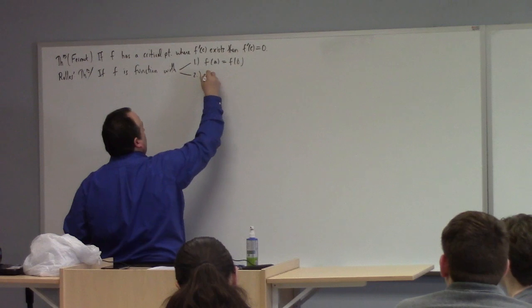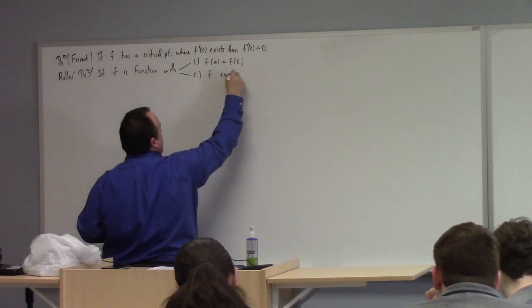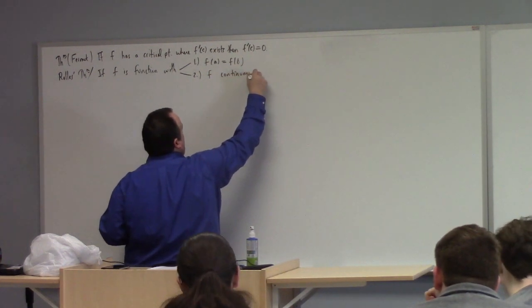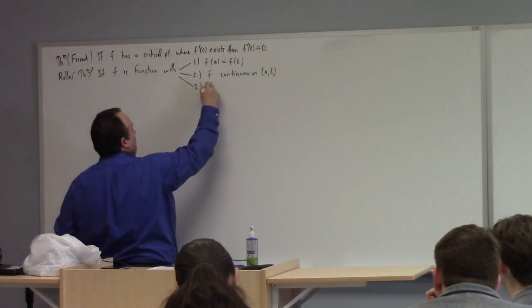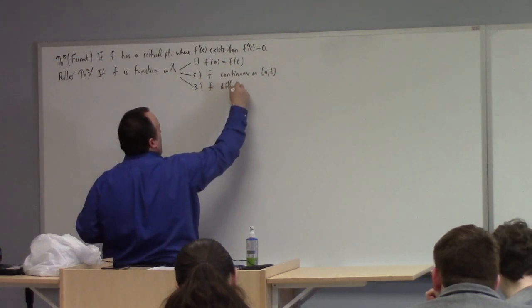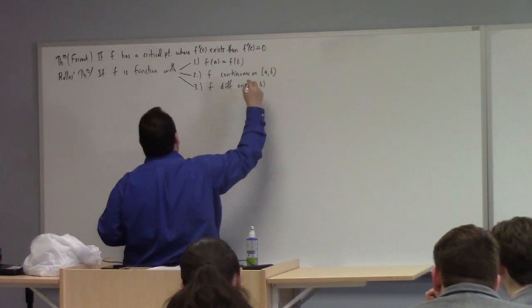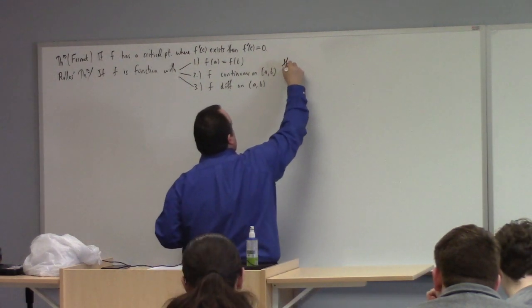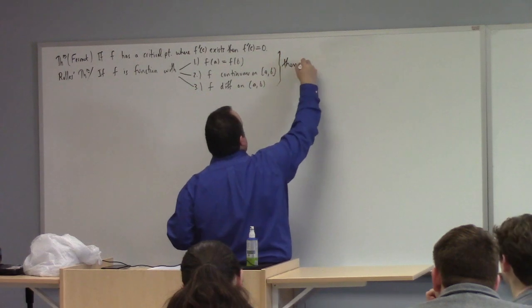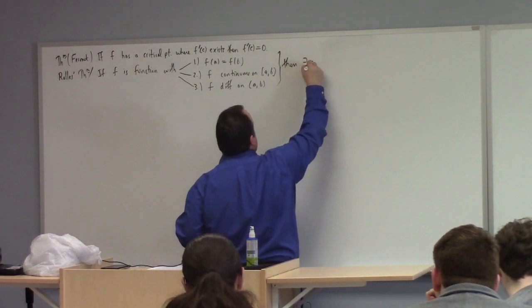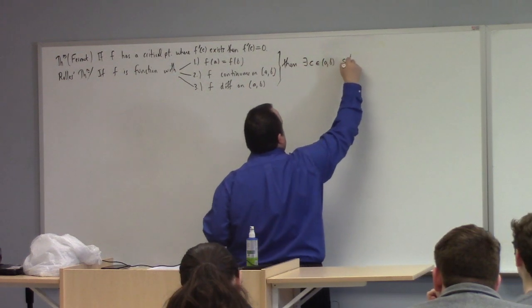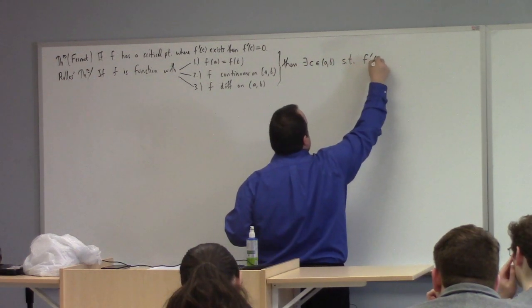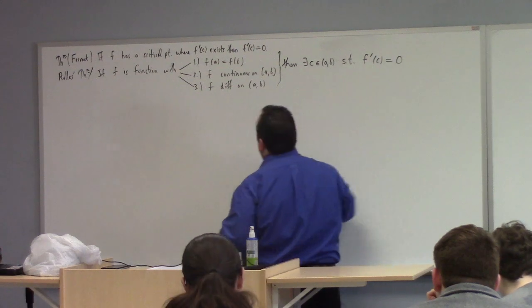Number two, f continuous on the closed interval from a to b. And number three, f differentiable on the open interval from a to b, then there exists c in the open interval from a to b such that f prime of c equals 0.